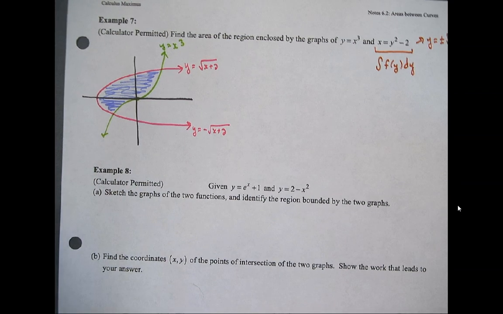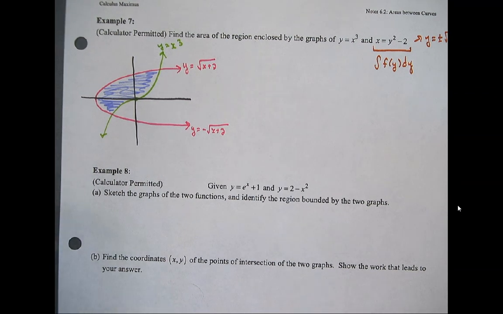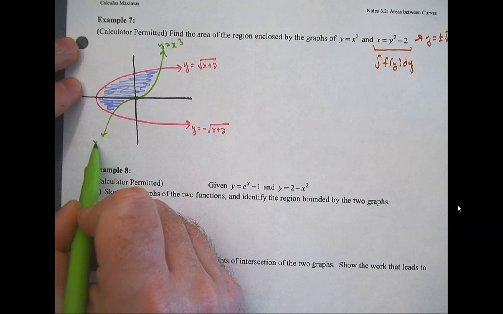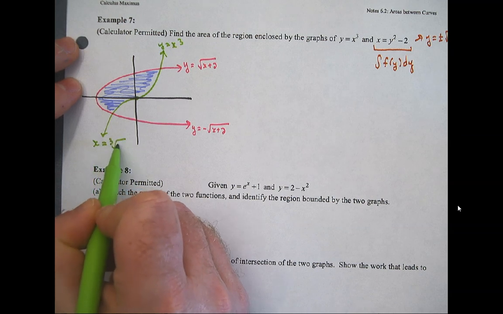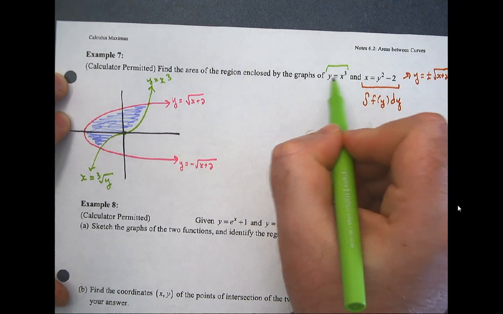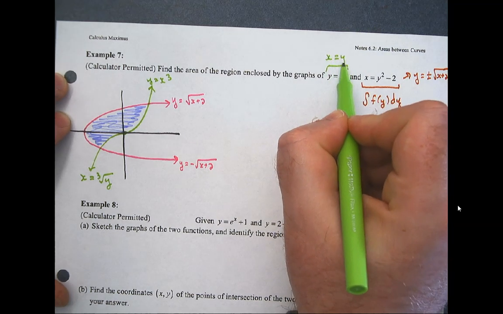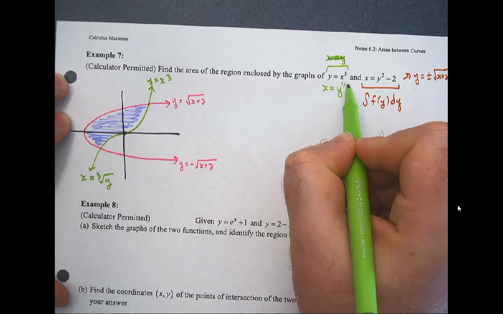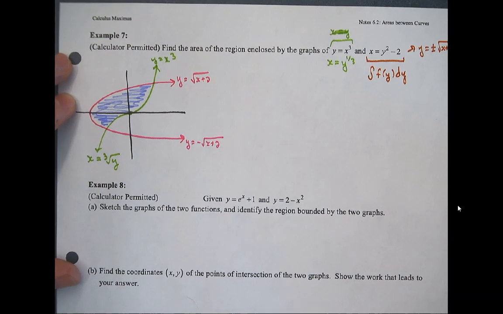So if you wanted to go that way, that's fine. Or you could do it in the y direction. I want to do it in the y direction just to practice that again. The other way to look at this is x equals the cube root of y. I can rewrite this for x: x equals y to the 1/3, cube root, same thing.